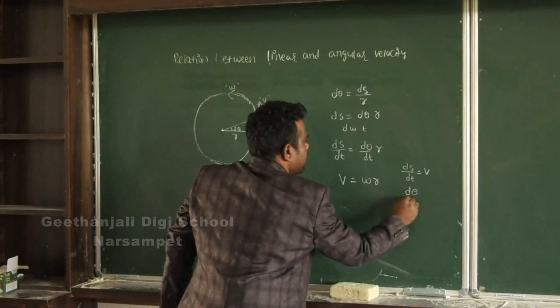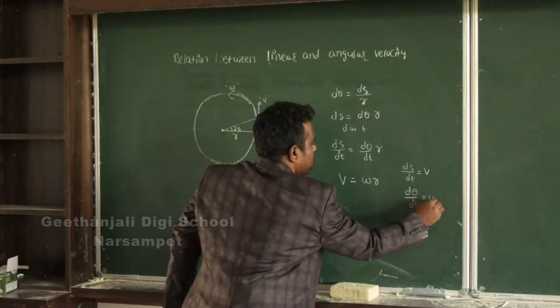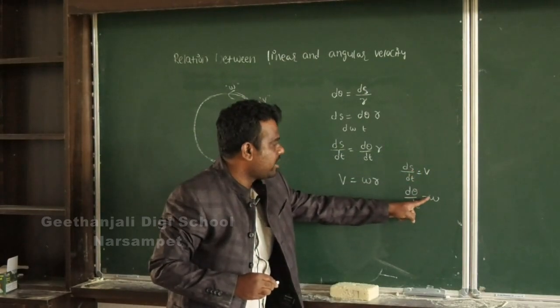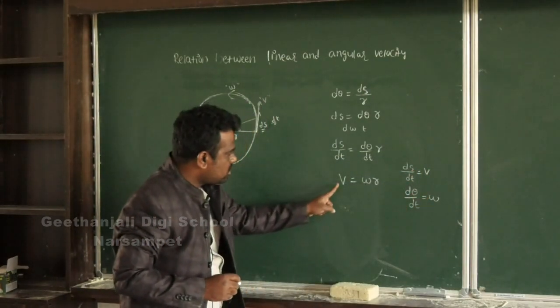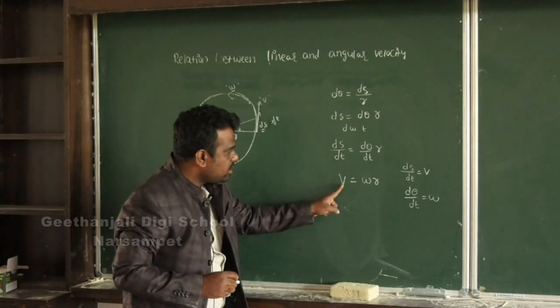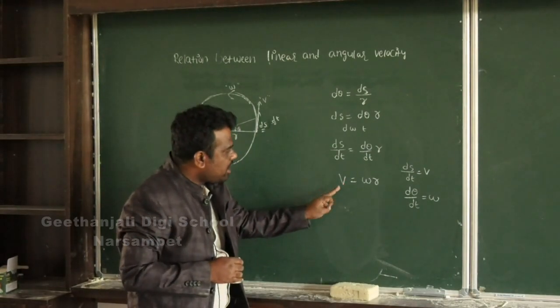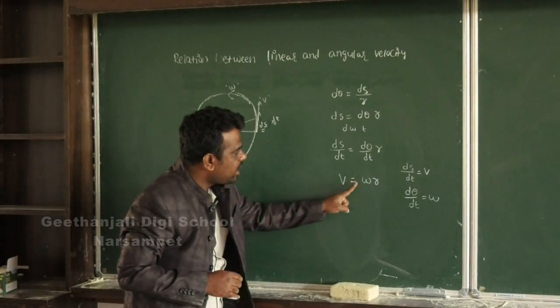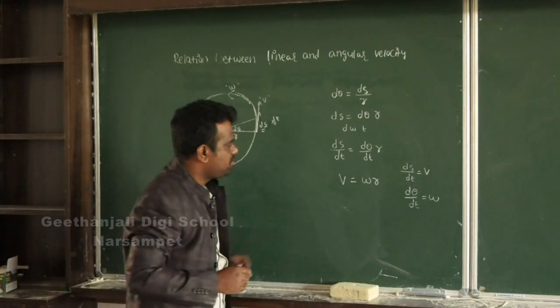This is the linear speed, this is the angular speed. Now this relation gives the link between linear speed and angular speed.